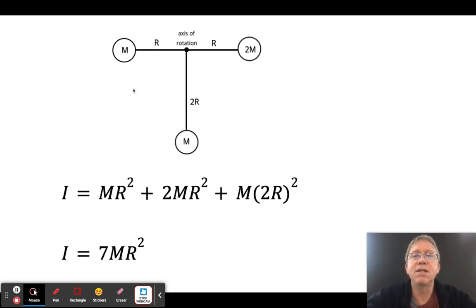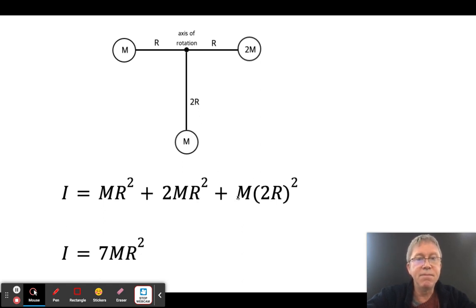Here I've got a system where I have an object of mass m that's a distance r away from the axis of rotation. Let's say this is going to rotate in a counterclockwise fashion. So I have mr squared for that. I have an object of 2m a distance r away, so I'm going to have to add that to the system. That's going to be 2m times r squared. And now look at this one here.